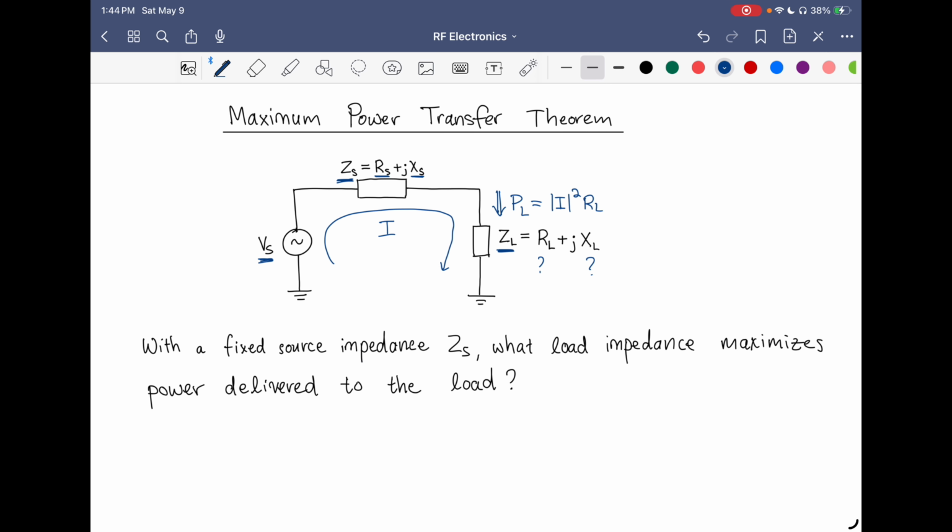So no real power is actually dissipated in the load reactance XL. Therefore, we only consider the power as being dissipated in the real part, which is the resistance RL.